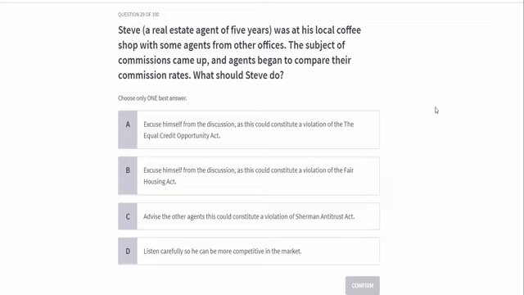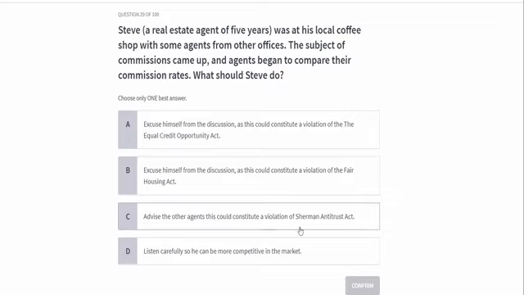So let's come up with our answer on this one. Here's some time for you guys to figure it out, starting now. Alrighty, so what is our answer for this one?